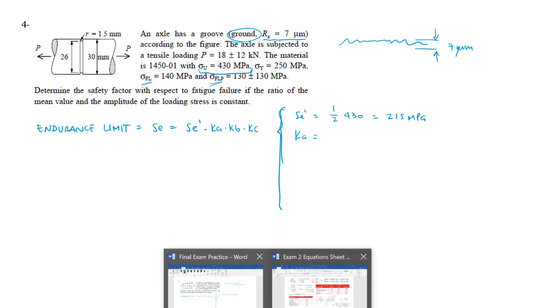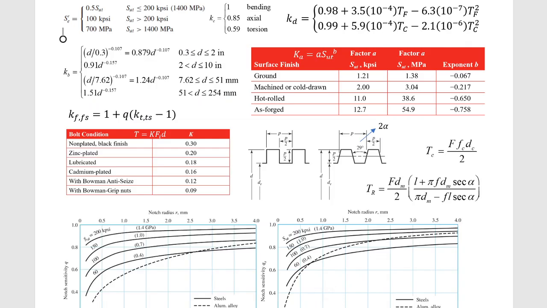I will go to this diagram. Ground is in megapascals. I'm going to have a KB, a size, so I'm in millimeters, and the diameter is either 26 or 30, so I am within this range, so I'm going to use this equation. And KC is the type of loading, so in this case it's axial, so I'm going to use 0.85. Again, no temperature or reliability.